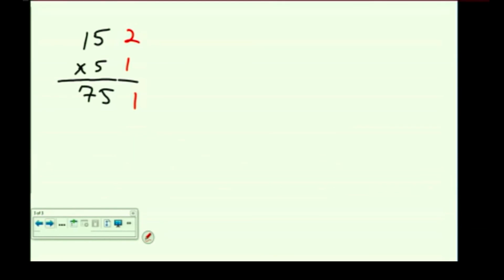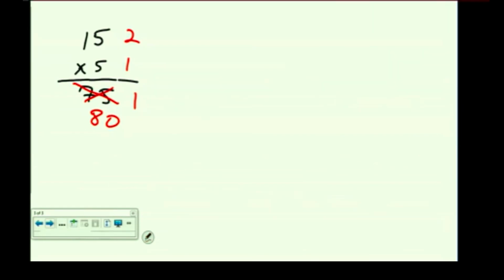So what do we do with this answer right here? We have to round it off. So we're going to round it off to 80. Does that make sense? When it's 5 or greater, you round up, right? 4 or less, it goes down. All right.